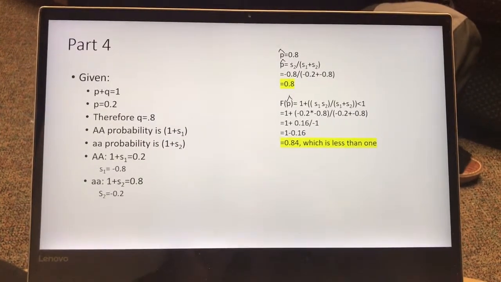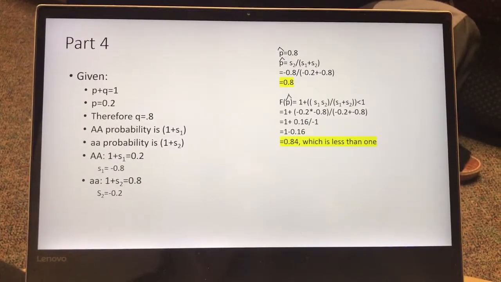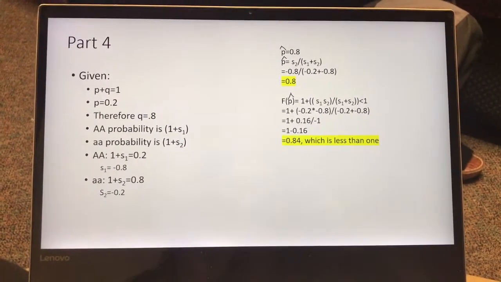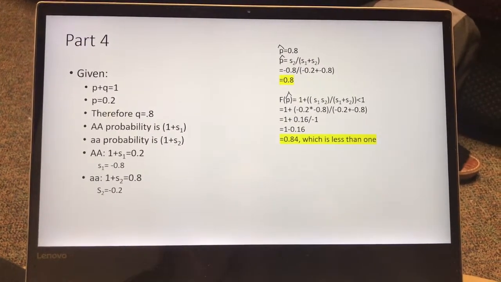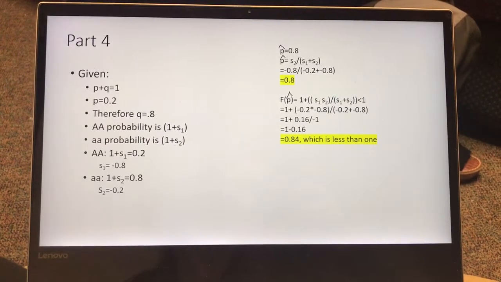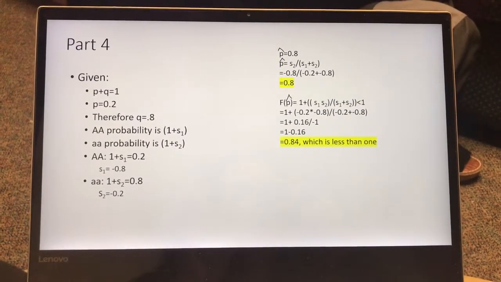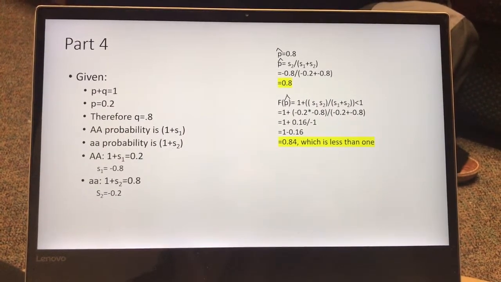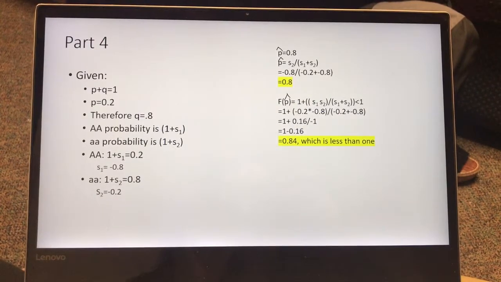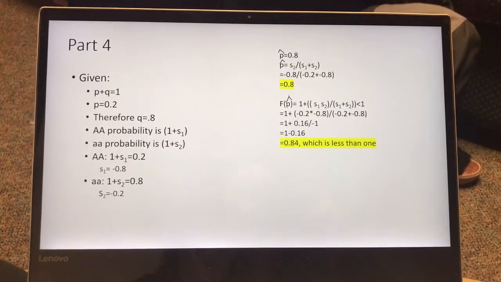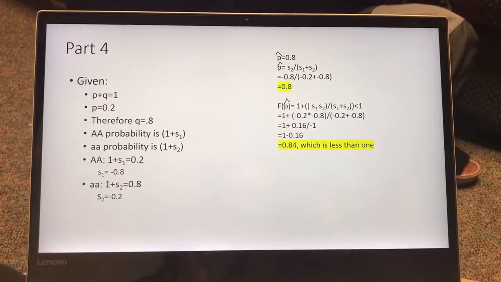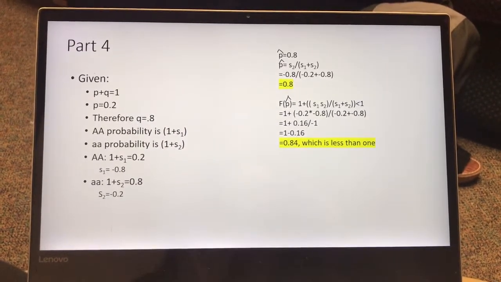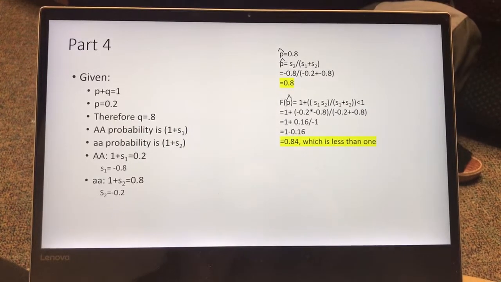And for part 4, we are going to be showing that the maximum value of f of p occurs at p hat equals s sub 2 divided by s sub 1 plus s sub 2, as well as that f of p hat equals 1 plus s sub 1 s sub 2 divided by s sub 1 plus s sub 2 is less than 1.